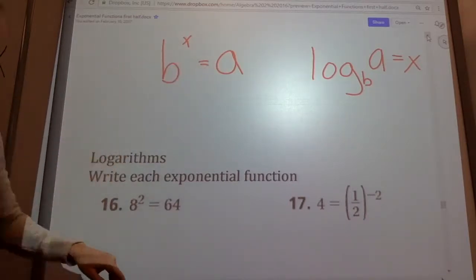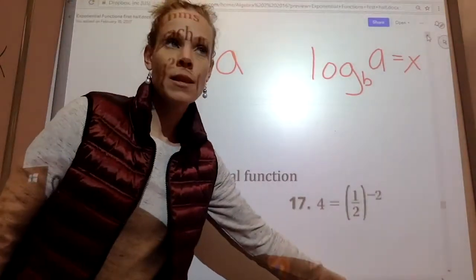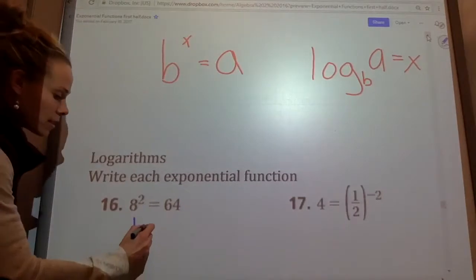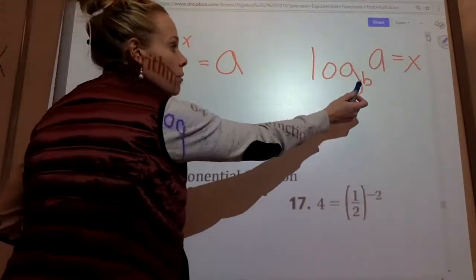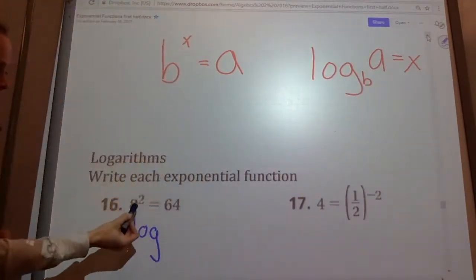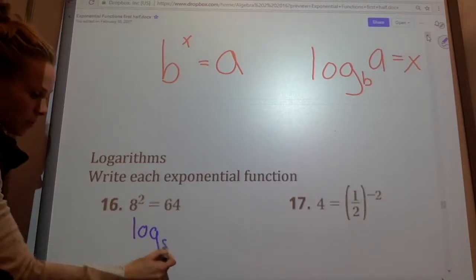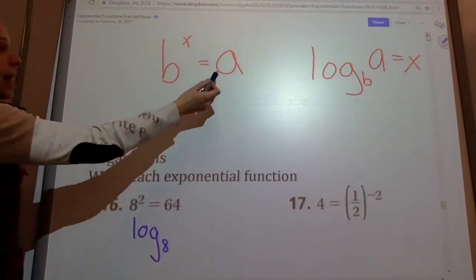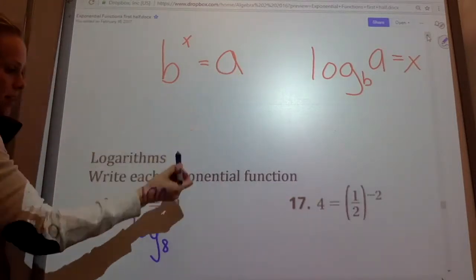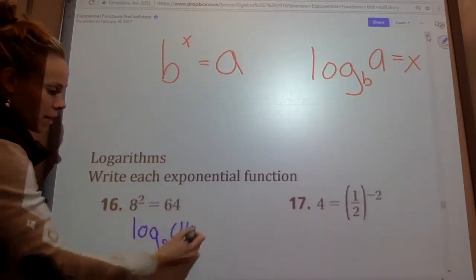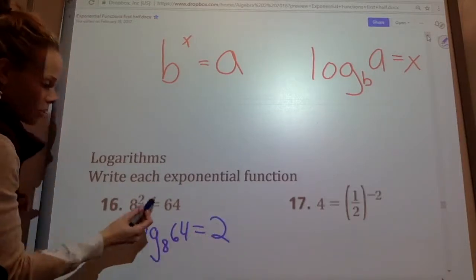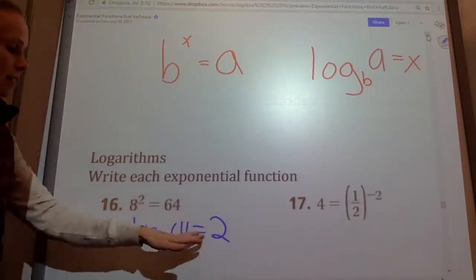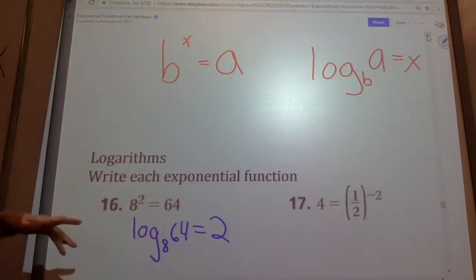So if I wanted to put this in logarithmic form, I would have log of base b, which b we know is the 8, so I write a small 8, it's a subscript, of a, which is the answer, 64, and that's going to equal the exponent 2. That is the inverse function of that exponential function, and that's how you write it.